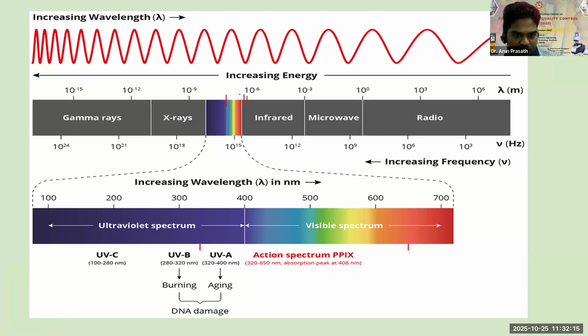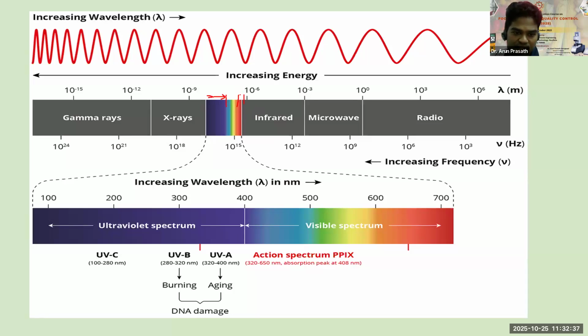Before the visible light region, we have the ultraviolet range, and then we have the red region. Beyond the red region of the visible spectrum, we have infrared.